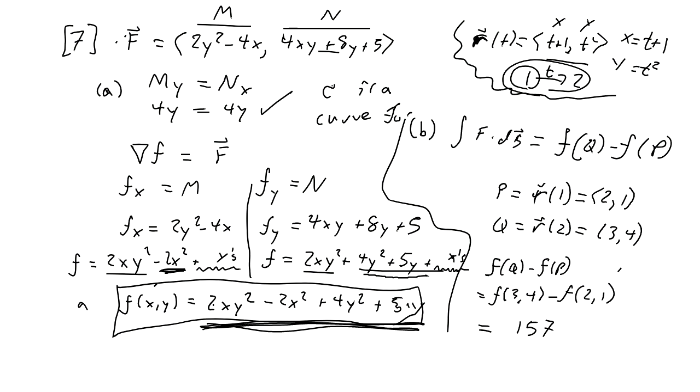Or it could say that C is the line segment from 2, 1 to 3, 4. All that matters is that you have enough information to figure out what the 2 endpoints are of C. Got it.